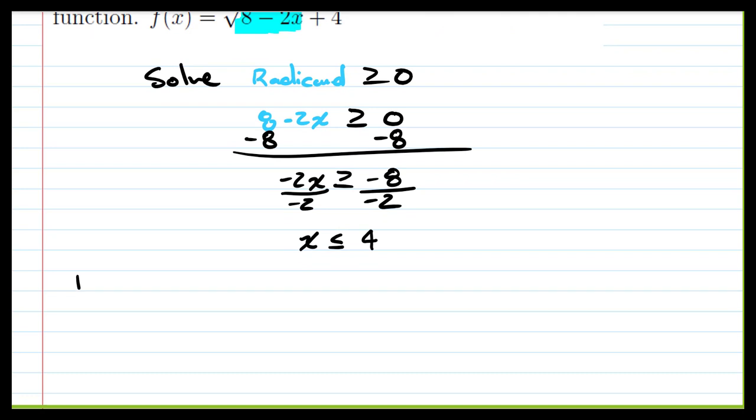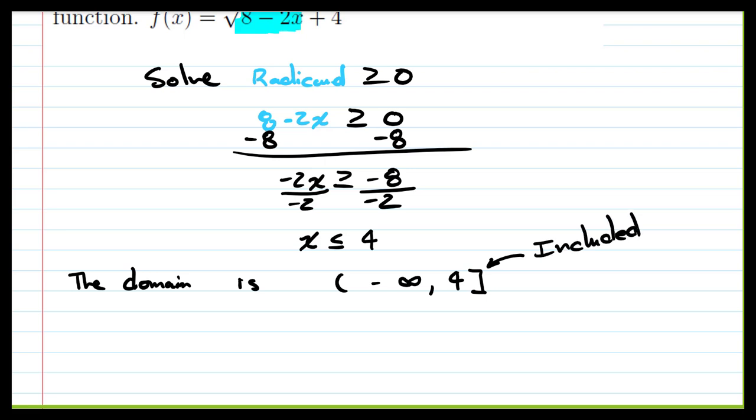So then the domain is from negative infinity up to 4, but since we have the or equal to, we put on a square bracket, and recall that that means that it's included. The fact that it's included comes from the or equal to on our inequality symbol. So that would be the domain of our radical function.